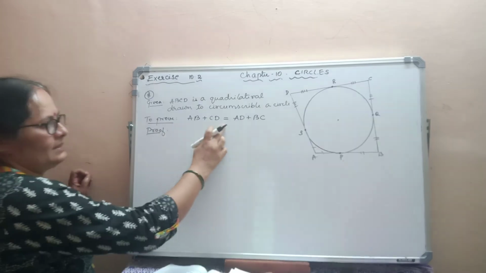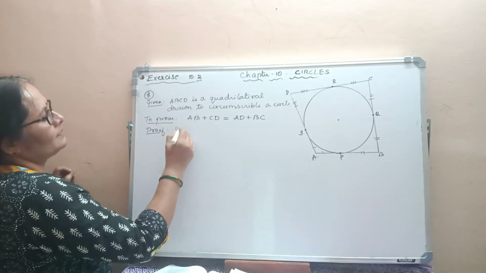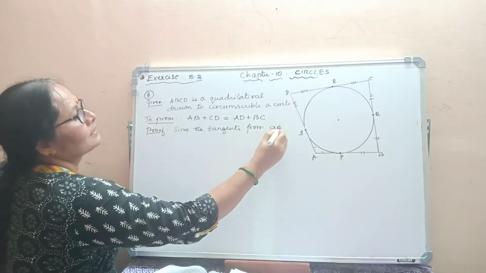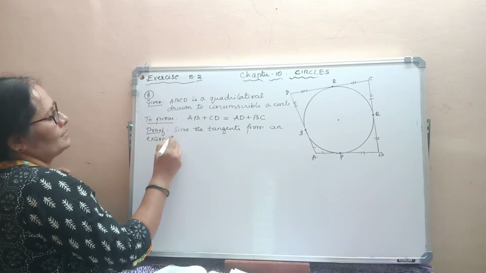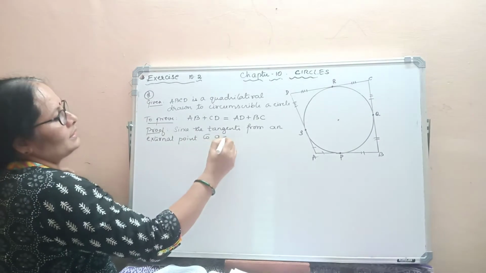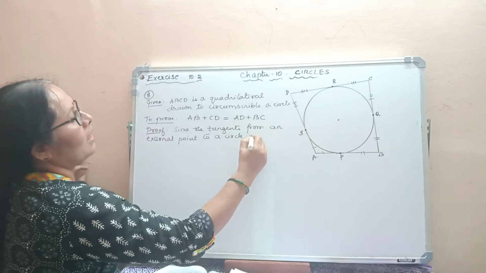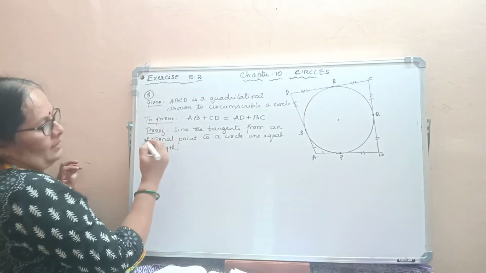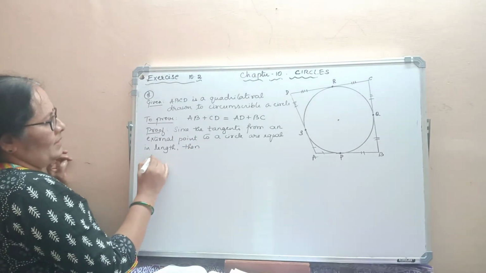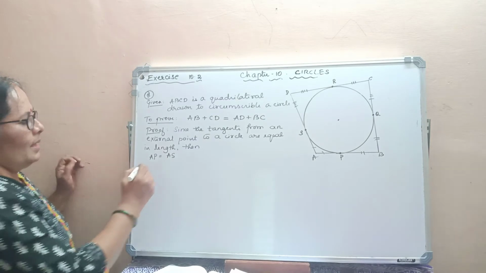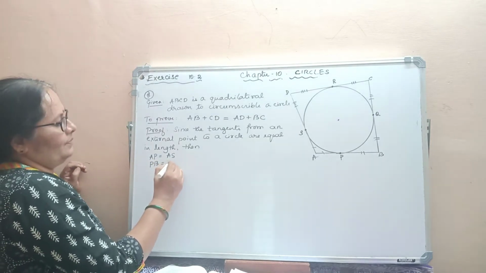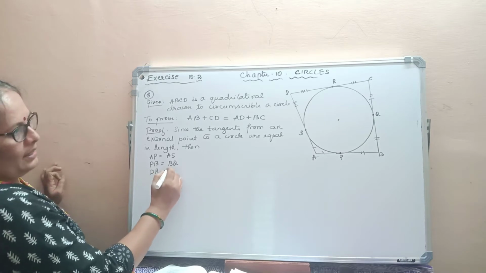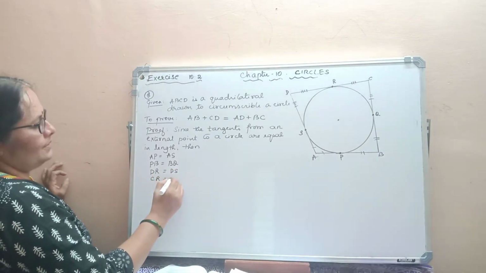So, prove AB plus CD equals AD plus BC. Since the tangents from an external point to a circle are equal in length, then AP equals AS, PB equals BQ, then DR equals DS and CR equals CQ.